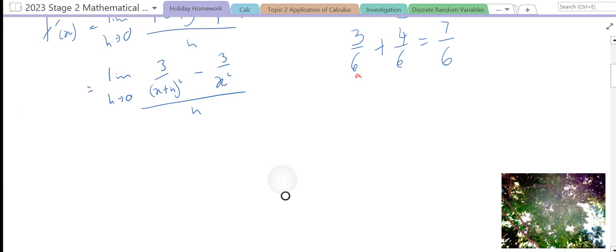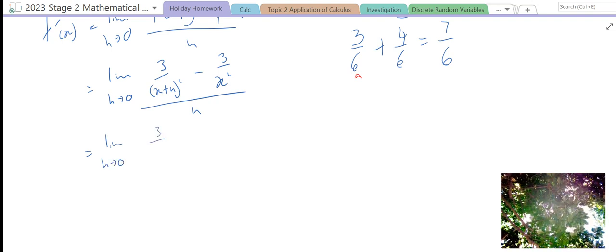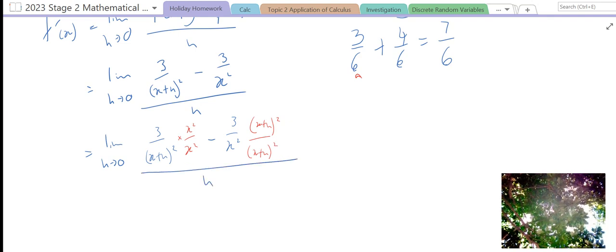So, once again, the limit has to stay there. Limit as h approaches 0. Then I have 3 on x plus h squared, and I'm going to multiply top and bottom here by x squared over x squared, minus 3 on x squared, and I'm going to multiply top and bottom here by x plus h squared over x plus h squared, all over h.